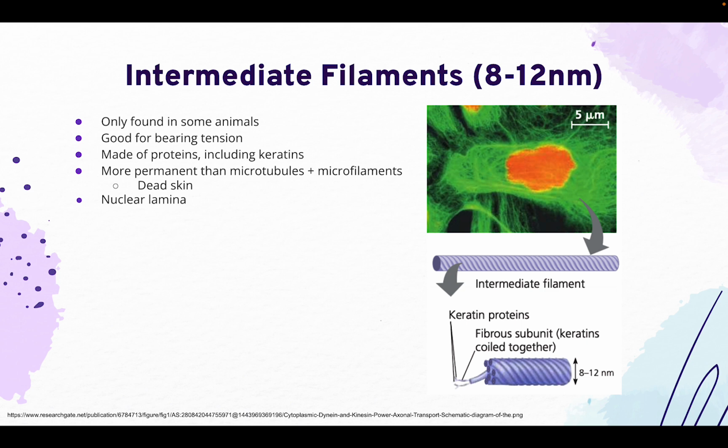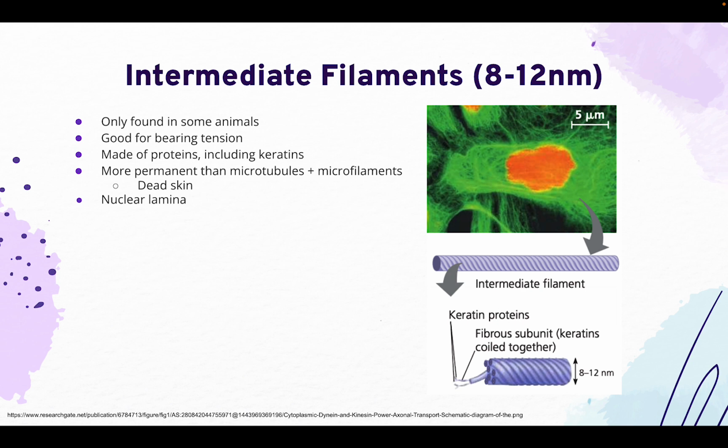But they're made of proteins, including keratin, and they're more permanent than microtubules and microfilaments. You see this in dead skin. It's pretty common knowledge that you've got keratin in your hair and your skin, and when your dead skin falls off, there's still lots of keratin in there, even though the skin cells are dead.